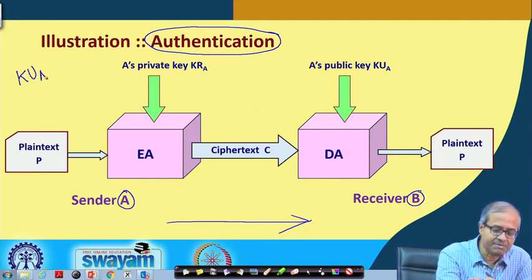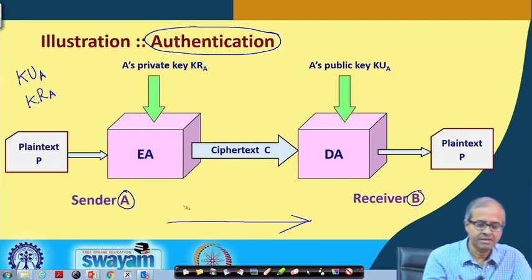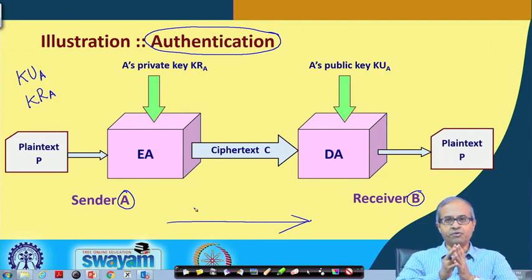A is having a public key KUA, A is having a private key KRA. Now, you see the purpose of authentication is not to send a message securely, but to make the other person identify or believe that I am the correct person whom I am claiming to be, right.